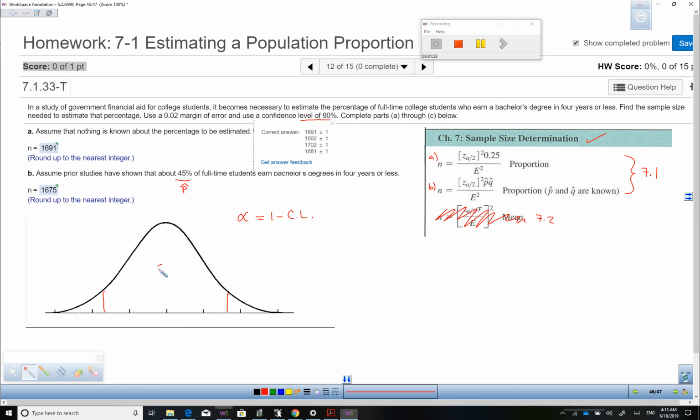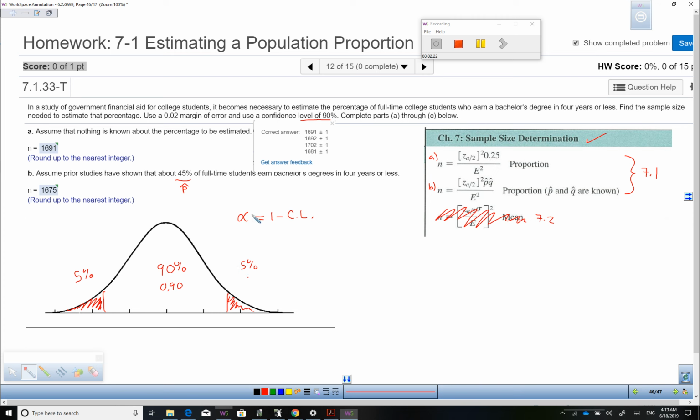That 90% stands right here in the middle, so that is 0.90. And of course, on this side of the tail right here, we will have 5%, and on this other side we will have 5% of area. So these 5% plus 90% plus 5% add up to 100%.